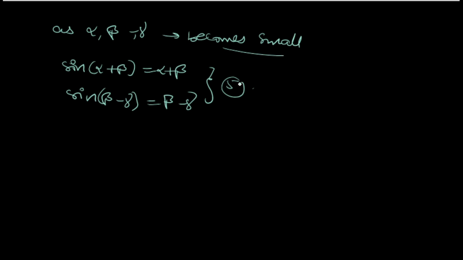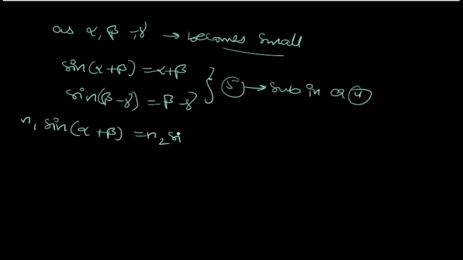Substitute this equation number 5 in equation 4. What is equation 4 we have? N1 sine of alpha plus beta equals N2 sine of beta minus gamma, right? This is equation number 4. Now you just substitute the values of sine of alpha plus beta and sine of beta minus gamma in this equation.